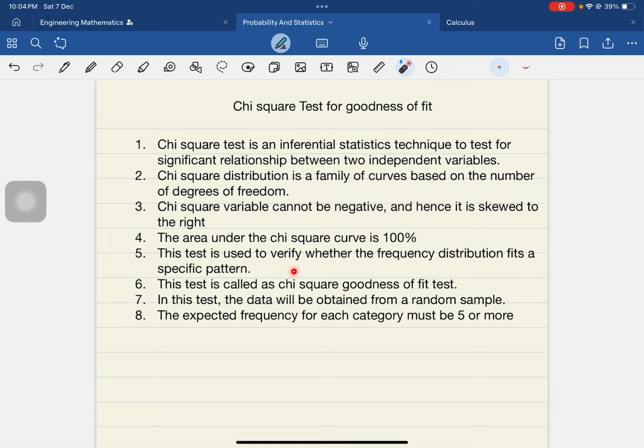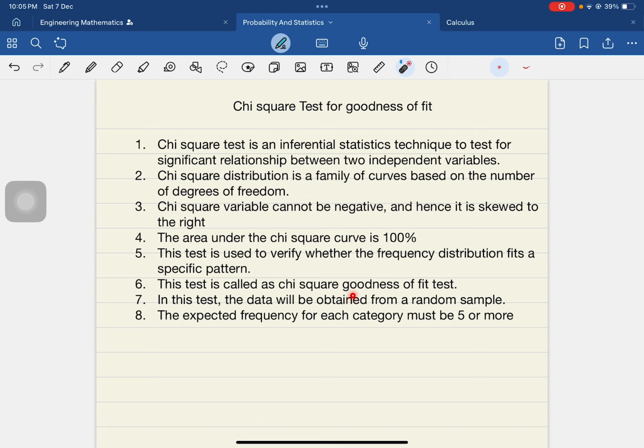The test is used to verify whether the frequency distribution fits a specific pattern or not. This test is called the chi-square goodness of fit test. Goodness of fit means whether, between the two independent variables, there is any fit, that means whether any significant relation exists between the two variables or not.